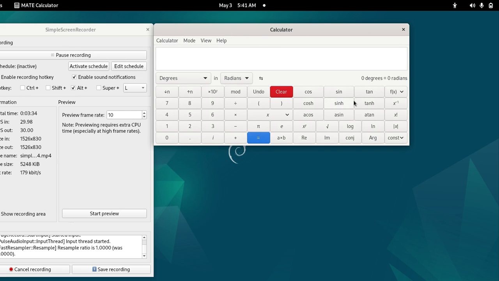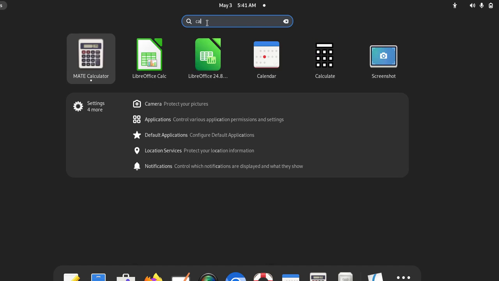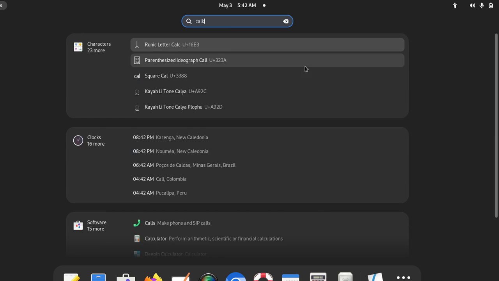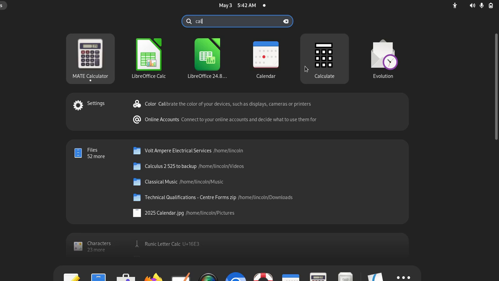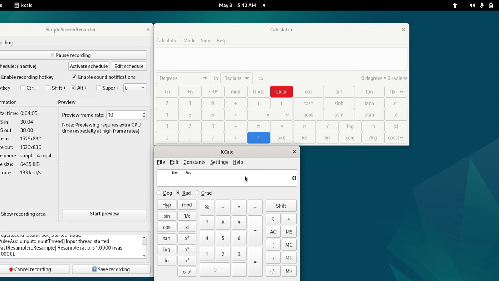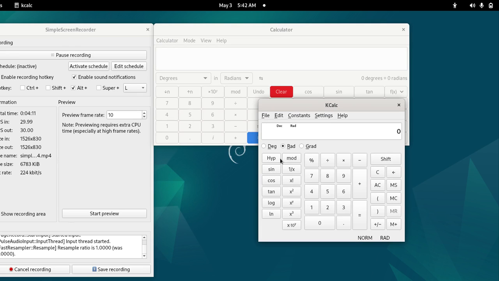Alright, I want another calculator that I'm sure can go into radian and degrees. Where is it? Calculator. Oh, nice. I like using this calculator too. Pi over 4, radian.